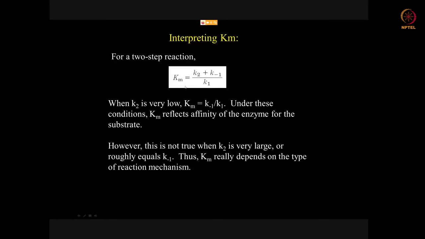Km then will reflect all of those rates, and therefore it will be a complex function. It will not simply be reflecting the affinity of the enzyme. That is the major interpretation of the Km.